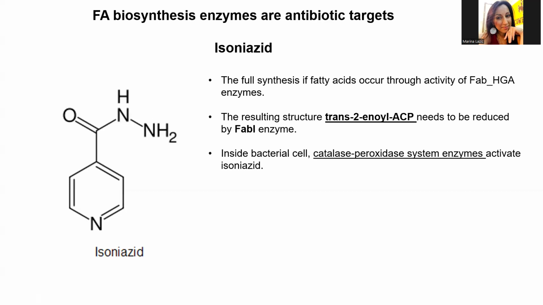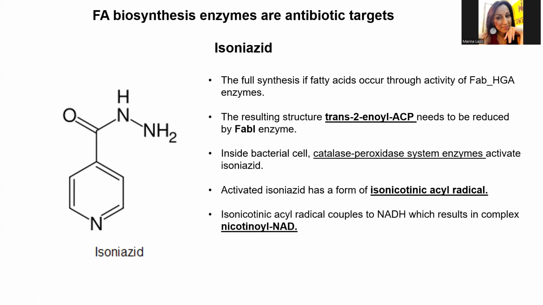The activated isoniazid forms an acyl radical, isonicotinic acid acyl radical. And that radical, which the bacteria literally formed itself, has the ability to bind to NADH, and it literally traps that NADH, so it forms this nicotinyl NADH.